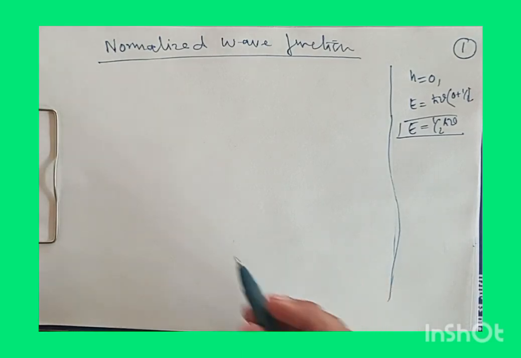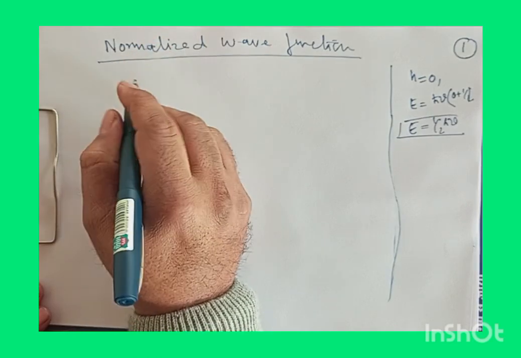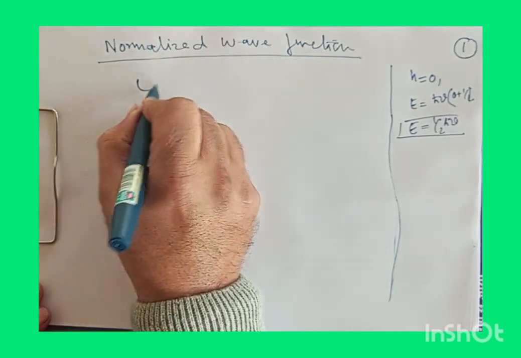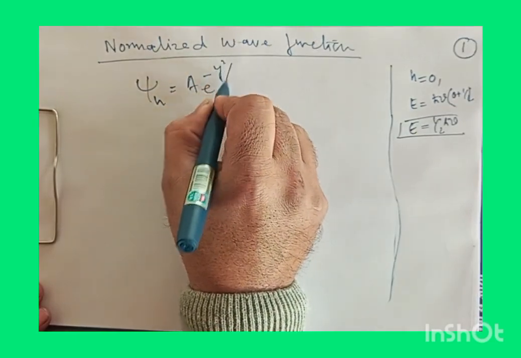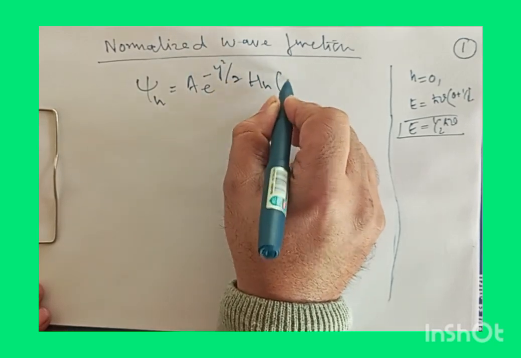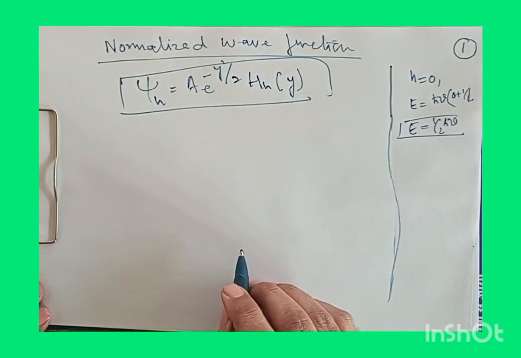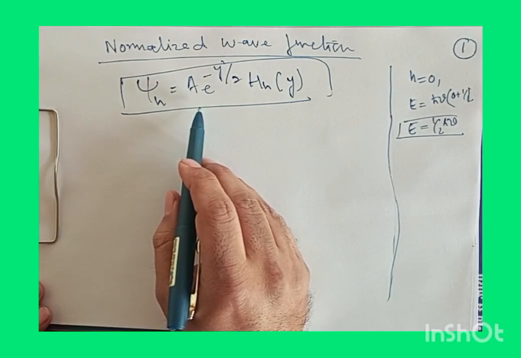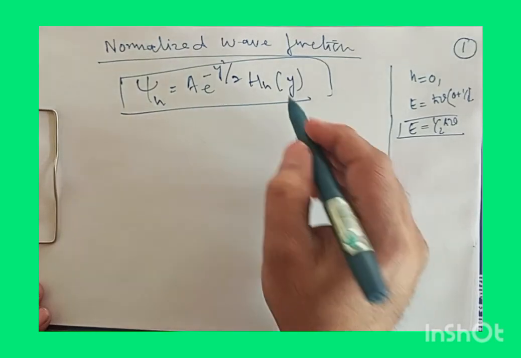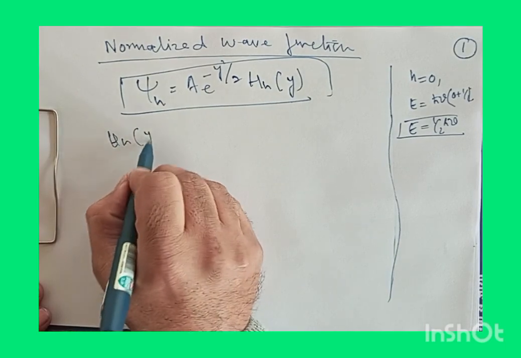If we rightly remember, the general wave function that we have for the harmonic oscillator is psi n equals A e to the power of minus y squared by 2 times Hn of y. This A is a constant, and it represents the amplitude, and Hn of y is the Hermite polynomial.